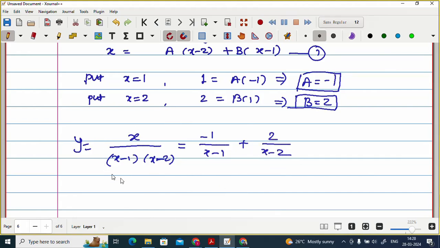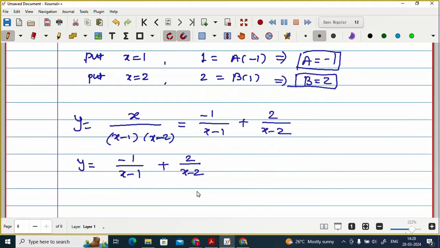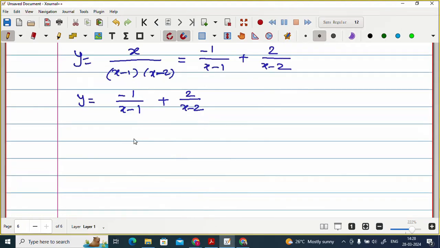Because we don't have the formula directly for this. Do we have the formula for 1 upon ax plus b, so that we can apply? So our y is now in the simplified form, that y is minus 1 upon x minus 1 plus 2 upon x minus 2. So to get the nth derivative, we will take nth derivative of both the sides.